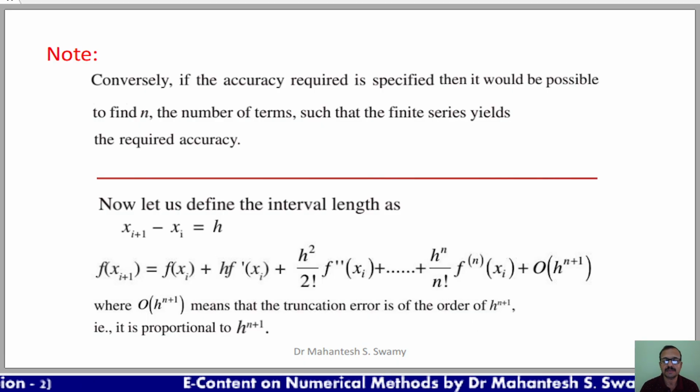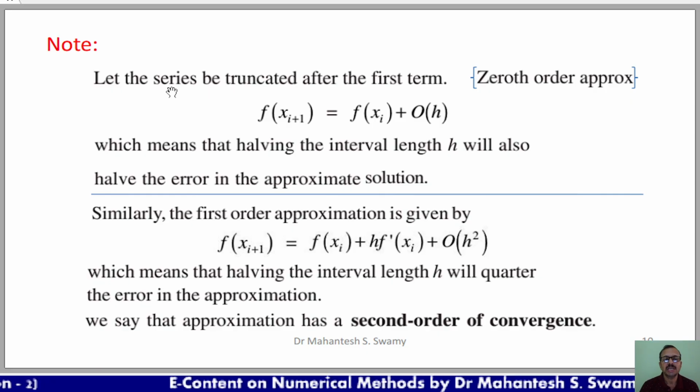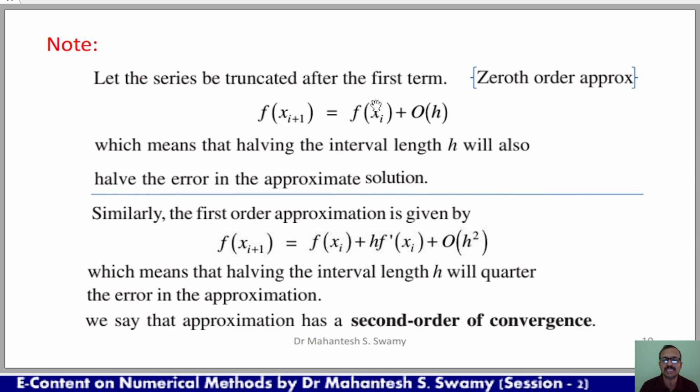Now let us consider the series after the first approximation. See, it contains the first term. The Taylor series is truncated by considering only the first term. This term is not being considered. It is the remainder after the first term. So the first term, if you consider, that is the zeroth order approximation. N is 0 here.